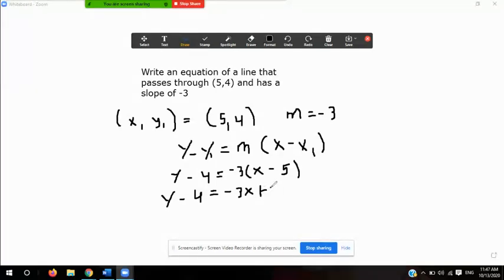So now all I have to do in order to solve this is just get rid of this 4. Now I use my basic algebra. So if this is minus 4, I add 4. And this side is going to cancel out. And plus 4 on this side.